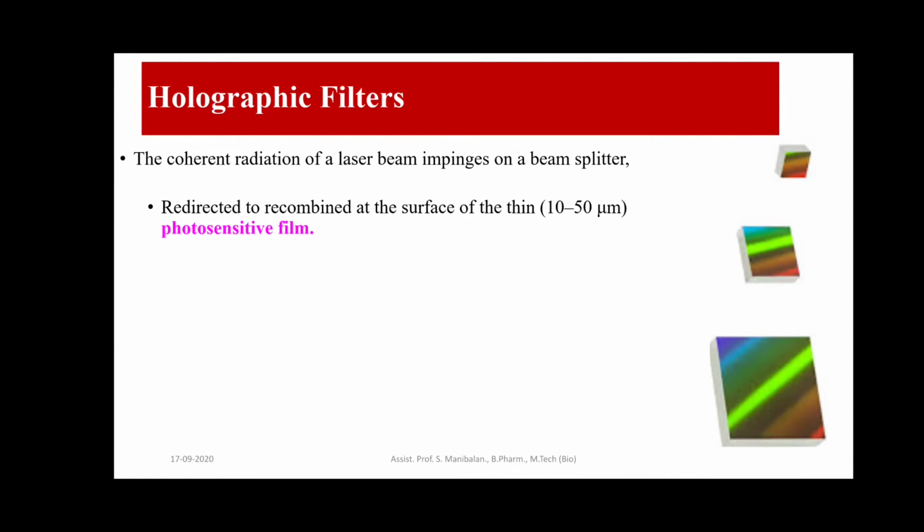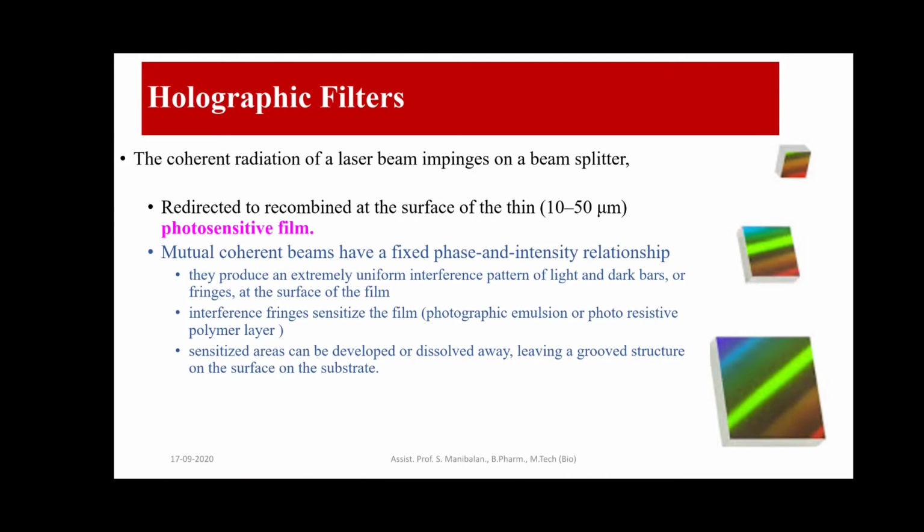How it works: the coherent radiation of the laser beam impinges on the beam splitter. We have seen that in the previous slide. So redirection, then recombined at the surface of the thin photosensitive film, right? Actually they are using emulsion in that. Those mutually coherent beams have a fixed phase and intensity relationship.